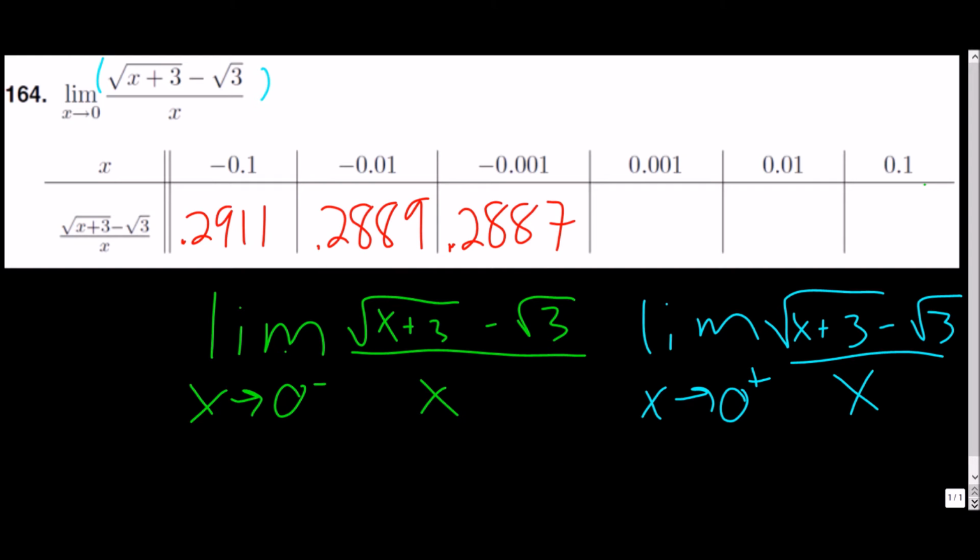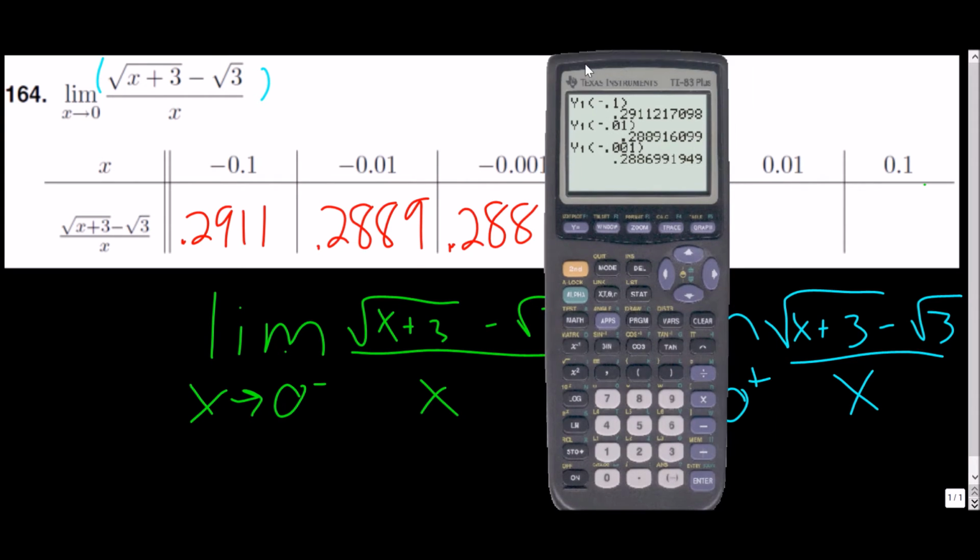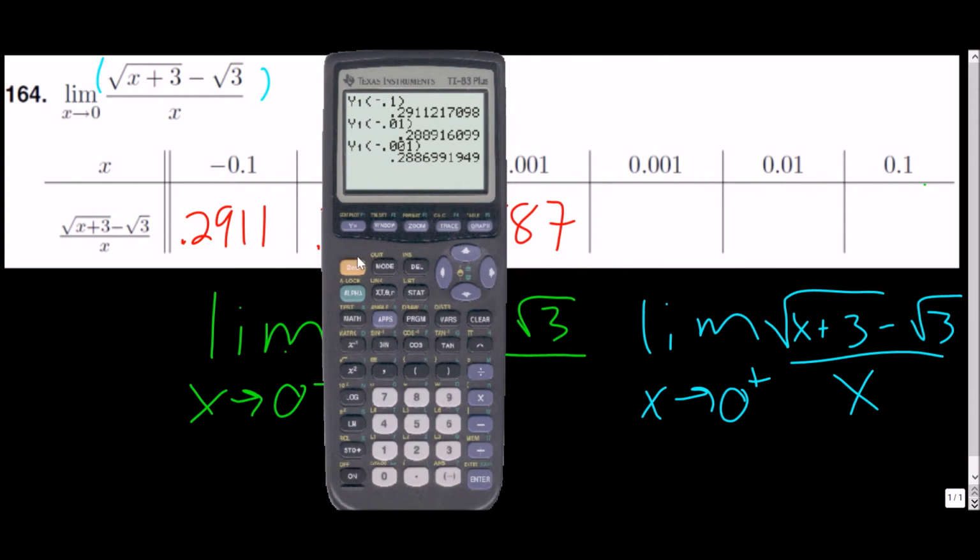Now if we look on the opposite side, I'm going to do it this way. I'm going to plug 0.1 in. So 0.1 gets 0.2863.